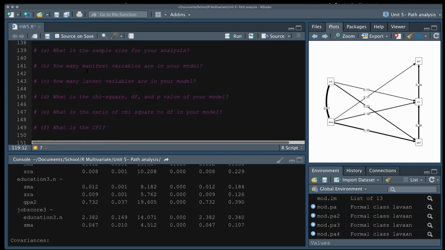How are you guys feeling about path analysis? Yep, the write-up is in the book. Yes, the path analysis one we've been working on is the correct one.